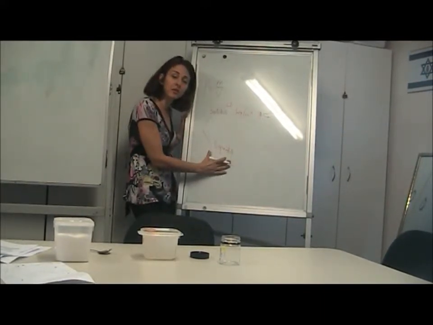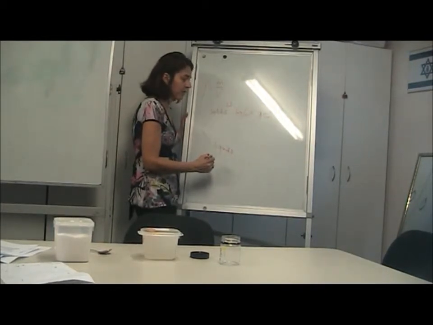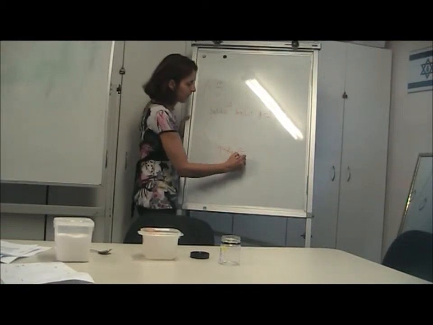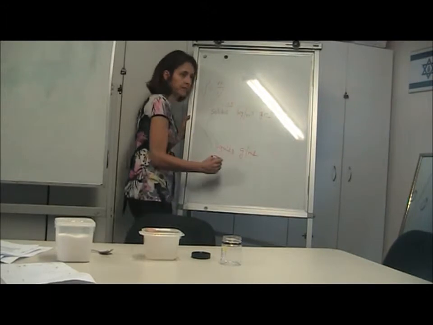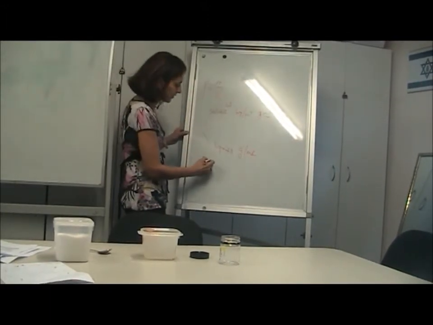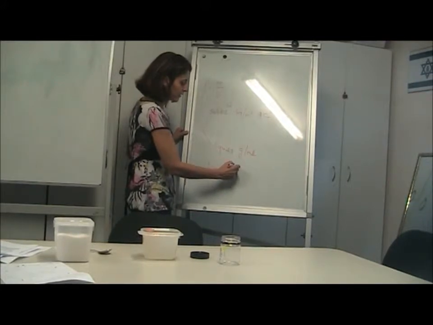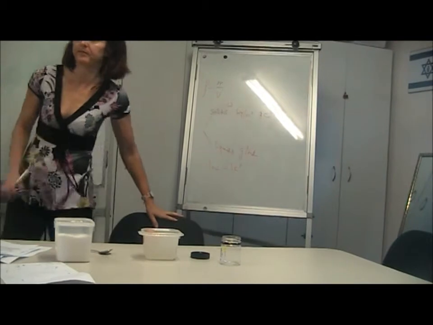And if we measure the density of liquids, we measure that as a gram per milliliter. And please bear in mind that 1 milliliter equals 1 cubic centimeter.